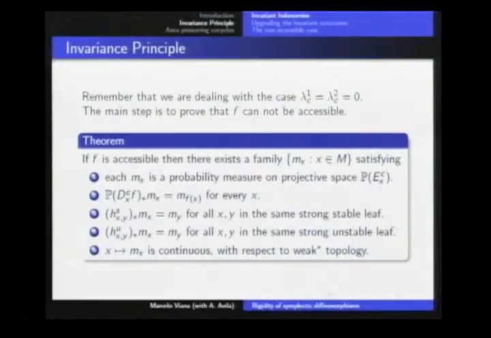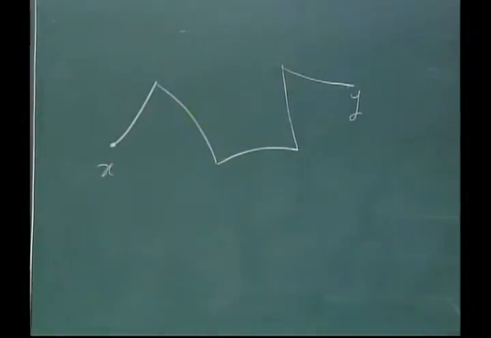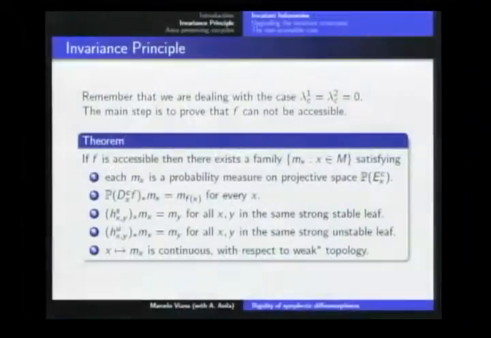So accessibility means that you can go from any point to any point along an SU path, a path that is formed by smooth segments inside stable or unstable leaves, and I'm going to show that that cannot be the case if the exponents are 0. So here is what we get from the invariance principle.